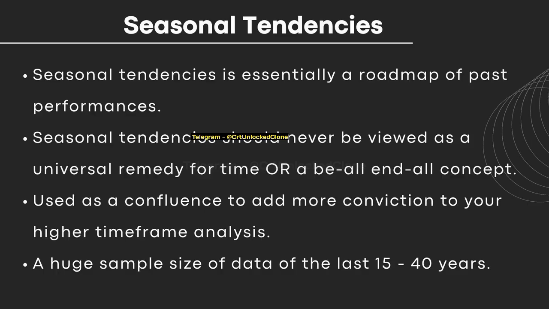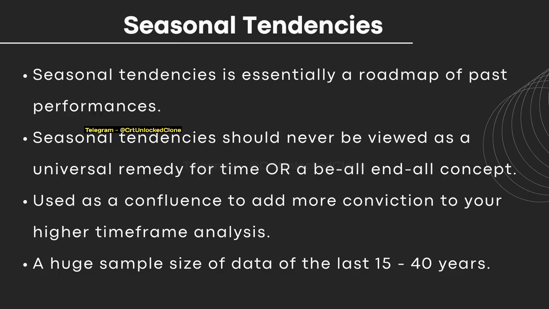In the same manner with seasonal tendency, we've found that there are certain times of the year, called seasons, where price follows a specific rhythm or theme, right? Which means that at specific times of the year, price consistently shows that it either forms bearish price action or bullish price action, or it follows a definite trend.